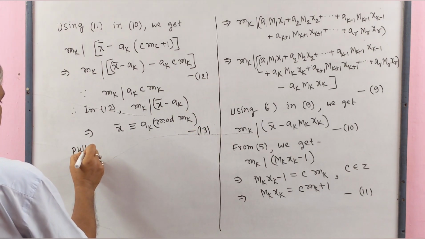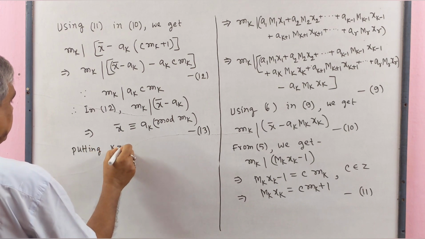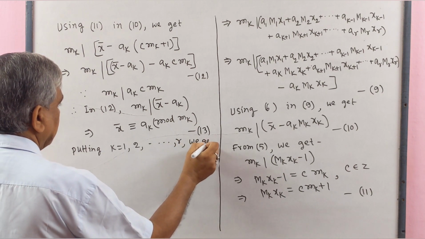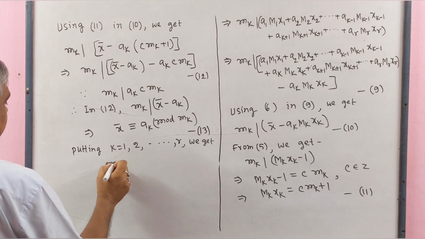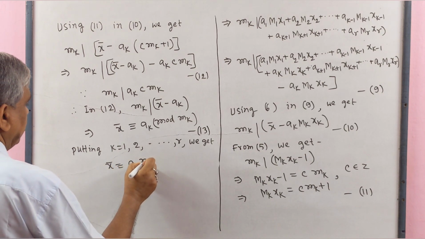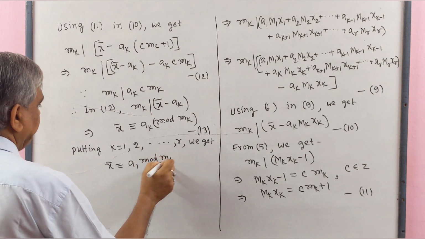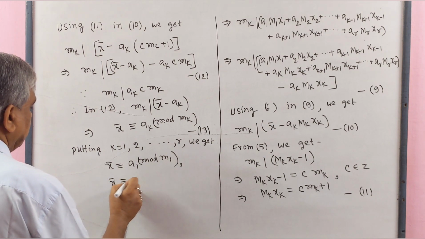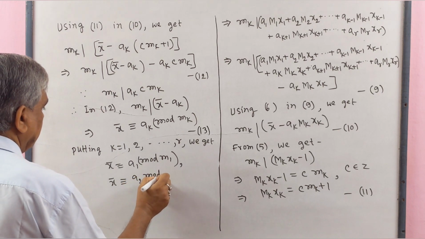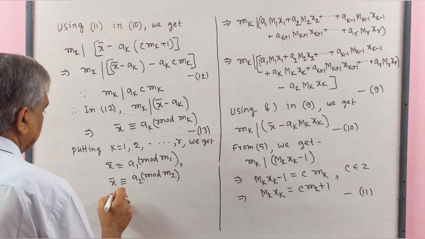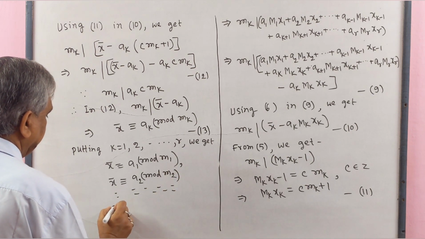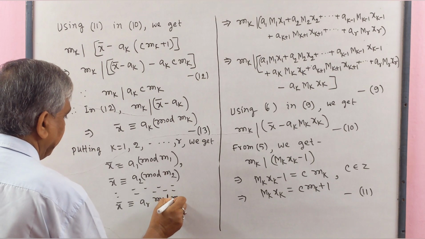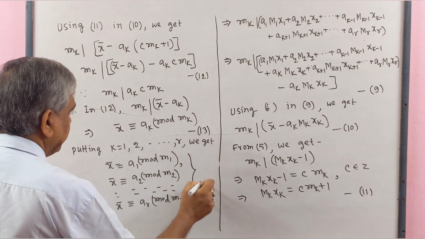Putting k equal to 1, 2, ..., r, we get x bar is congruent to a1 modulo m1, x bar is congruent to a2 modulo m2, ..., x bar is congruent to ar modulo mr. Let this is number 14.